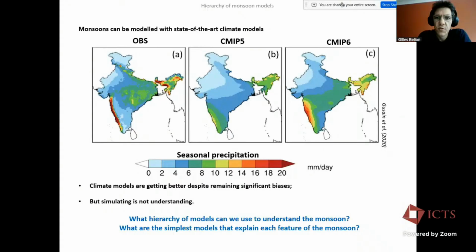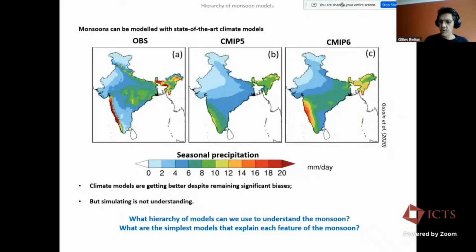It's nice to be able to simulate it very precisely, but it's not by simulating that you get an understanding of how things happen. You can do some kind of experiment with climate models, but most of the time you will have to simplify or remove a mechanism to be able to assess how much that mechanism brings to the monsoon.